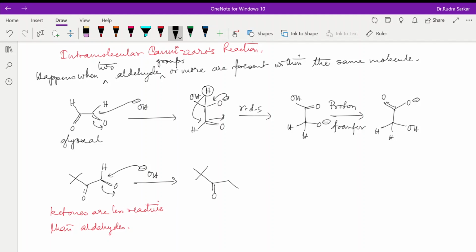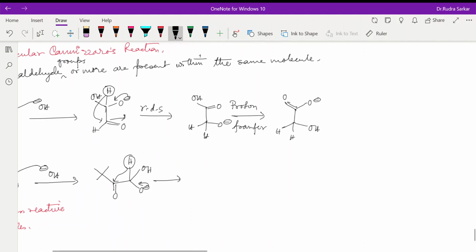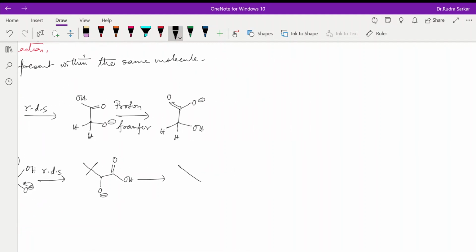Now that means this is your, so hydride transfer now takes place from here to the ketone. So the ketone now gets reduced, that is again your RDS. Proton transfer step will take place. This becomes your alcohol and that is converted to acid.